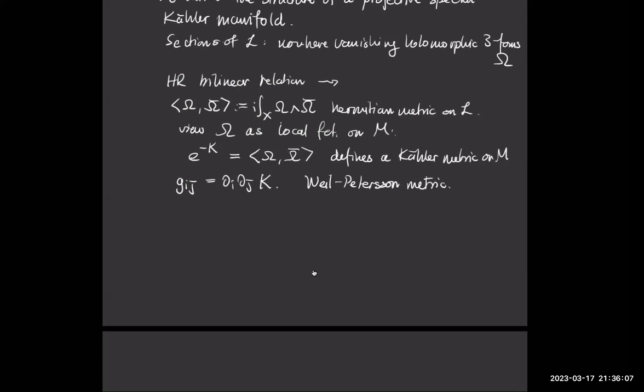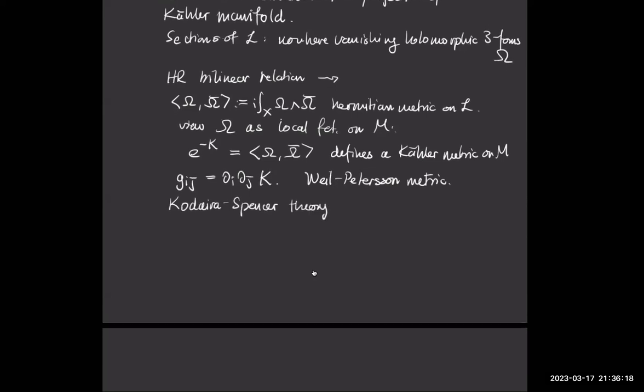Now, if we study locally the deformations, we can apply Kodaira-Spencer theory. And this implies that the tangent space at the point s in M is isomorphic to H^{2,1} of X_s.